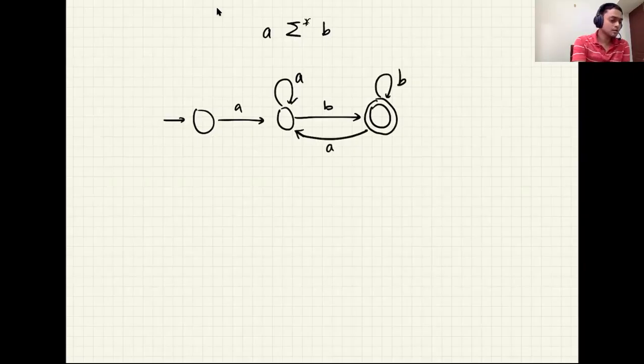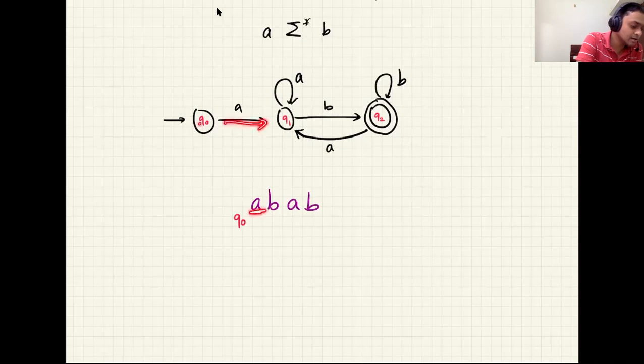So I start from here. Let's do an example, for example A, B, A, B. This has to be accepted. What will the automaton do? I give names Q0, Q1, Q2. It will start at Q0, read this A and go to Q1.